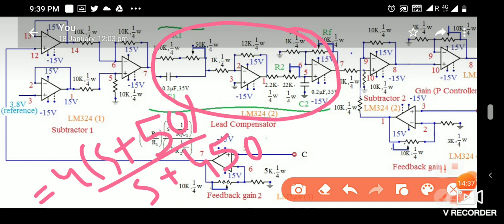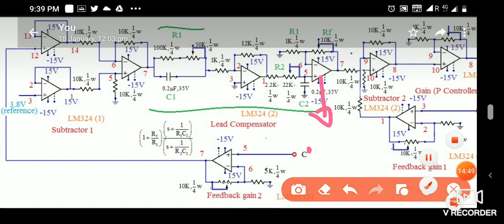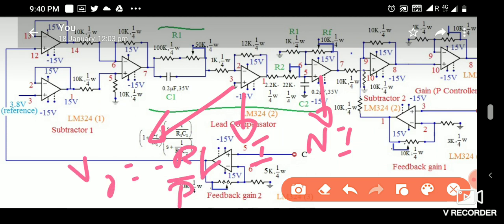So in the lead compensator, you can see that we have used one non-inverting amplifier and one inverting amplifier. So you should have a clear concept about the amplifier. For the non-inverting amplifier, the output equals 1 plus Rf by R1 into the input, and in the inverting amplifier the output is minus Rf by R1 into the input.